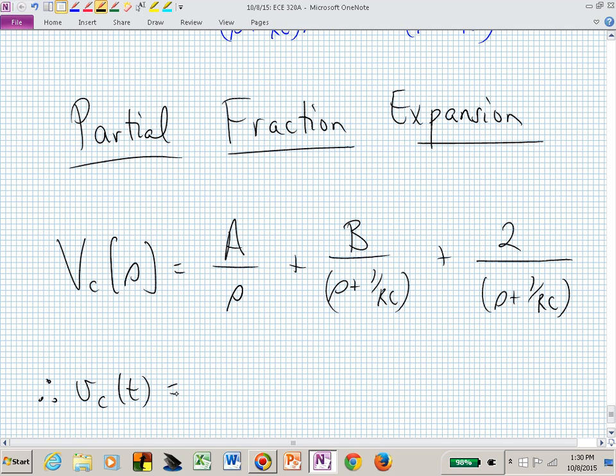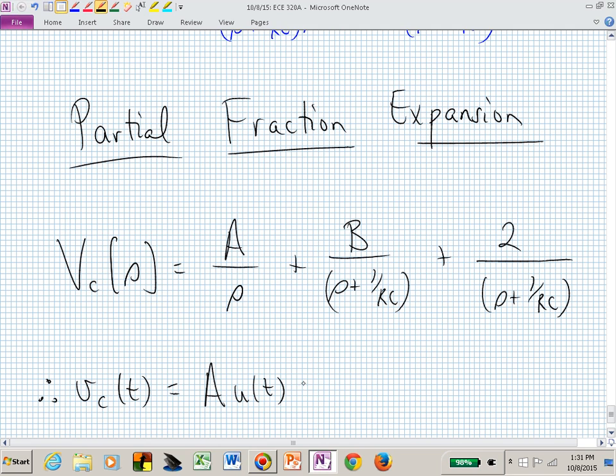If I say in terms of A, B, and 2, what is going to be the structure of the time domain waveform for that capacitor voltage? What's little v sub c of t? What happens when I inverse Laplace transform A over s? What does that look like in the time domain? That's just a step, isn't it? Scaled by A. So this now becomes A u of t.